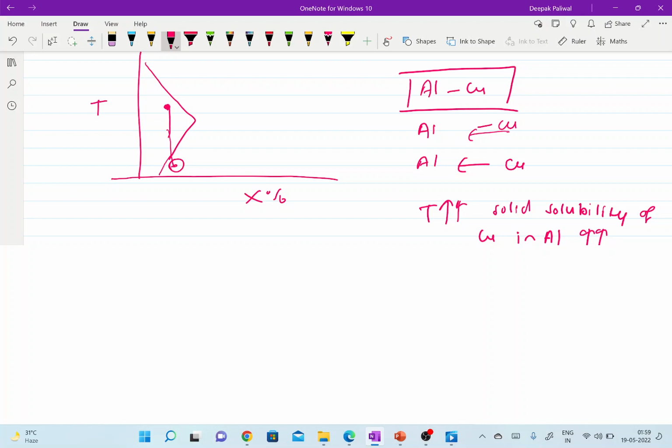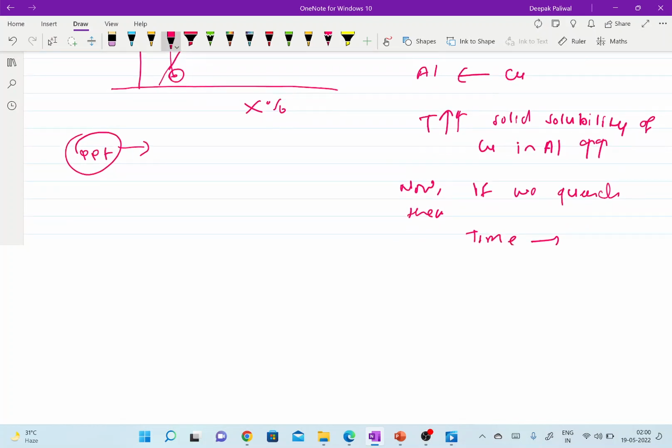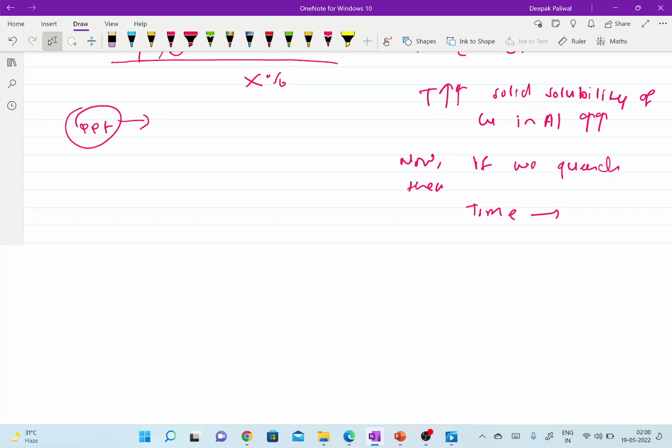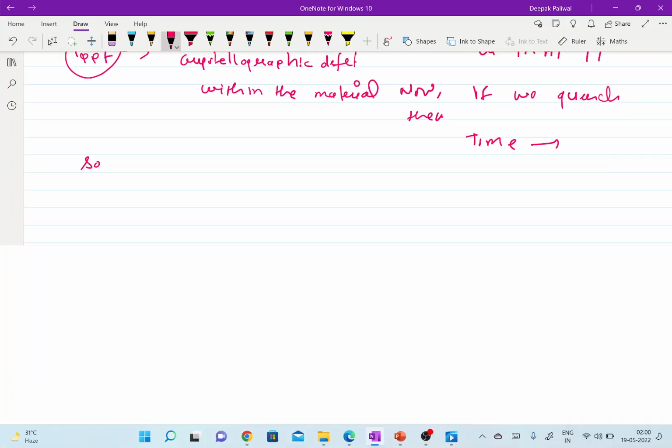When we do aging, the copper gets sufficient time, comes out and forms precipitates. These precipitates contribute to increasing the strength of the material, but they are termed a crystallographic defect within the material.